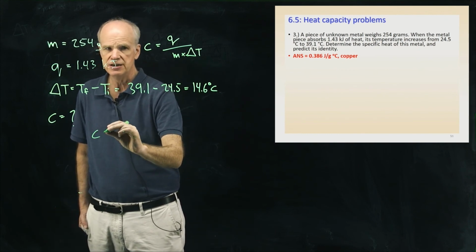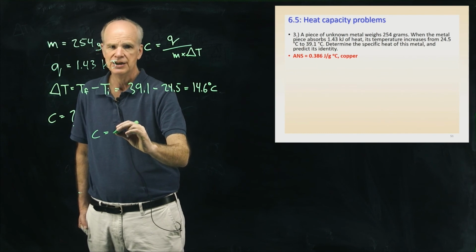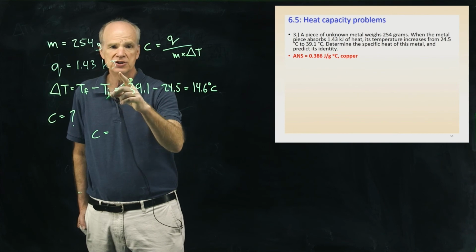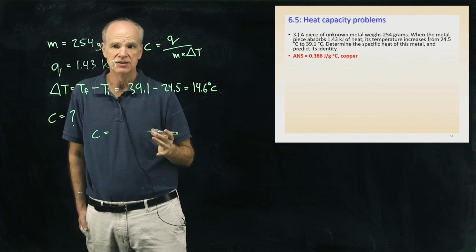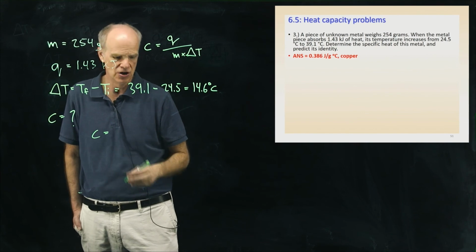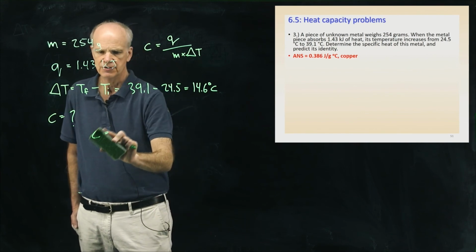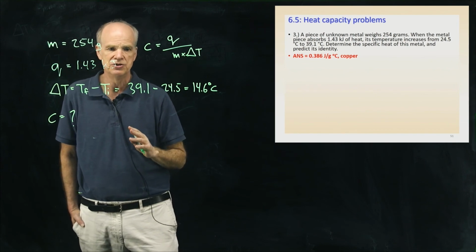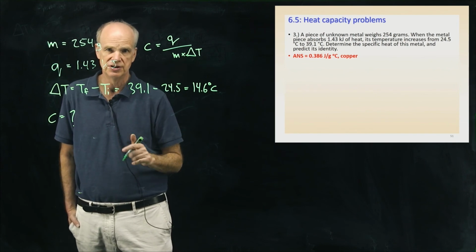So c is going to be equal to Q. Now be careful. We ask ourselves, can Q be in kilojoules? The answer is no, and the reason is this. You have to think of the typical units that c is going to be in.